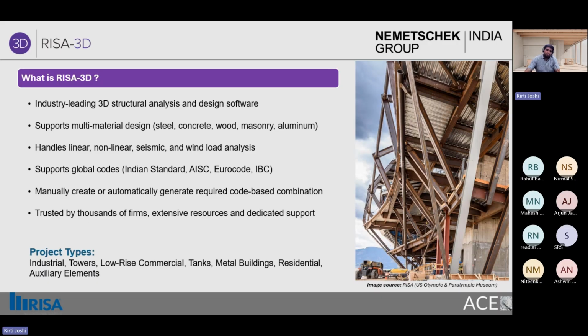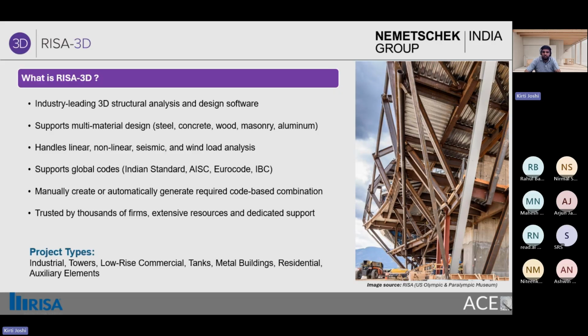So let's just start. For anyone who is new to RISA, I will quickly start with a short introduction. RISA 3D is a 3D analysis and design software, which is used for modeling and analyzing buildings, towers, industrial types of structures, even tanks, and almost any structure. One of the advantages is its multi-material support.